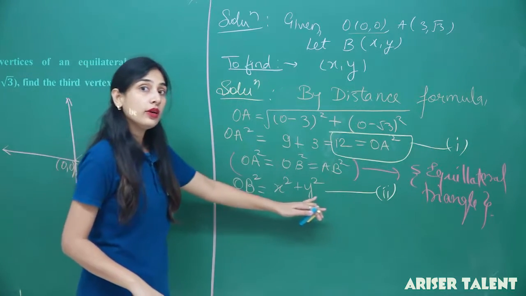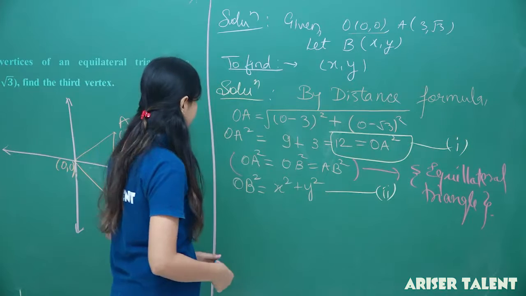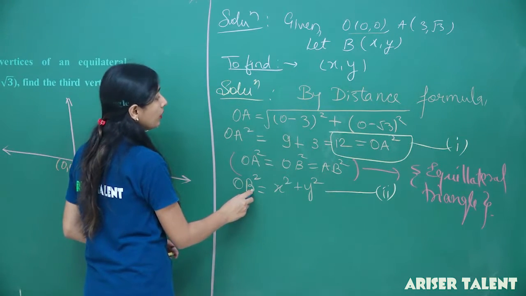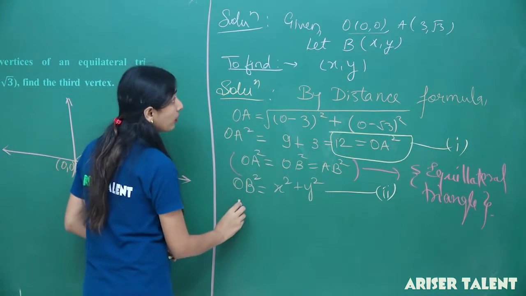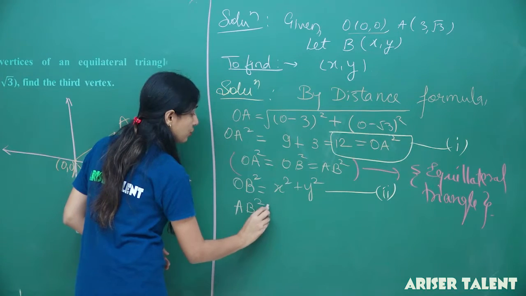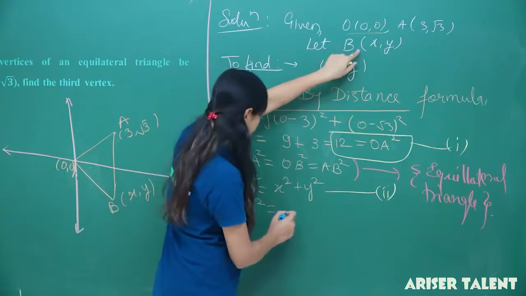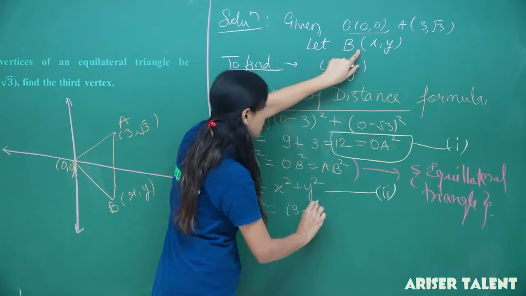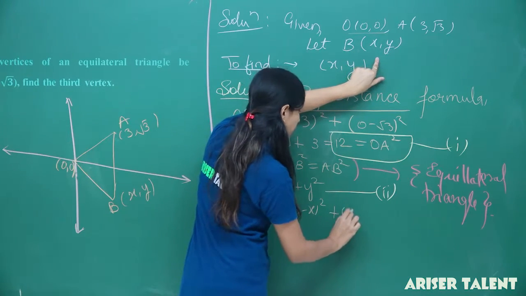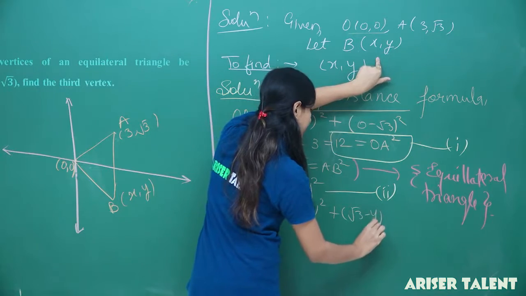Now OB and OA we have talked about, the remaining one is AB square. AB square will be equal to (3 minus x) square plus (root 3 minus y) square.